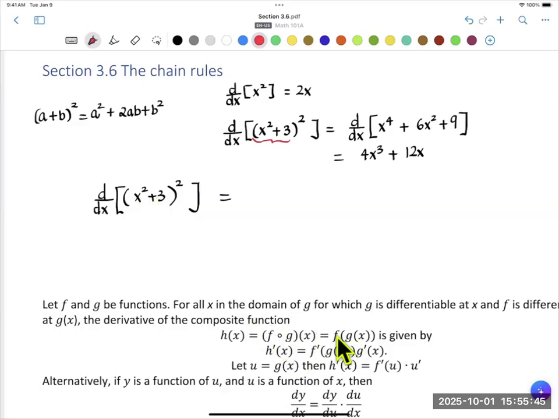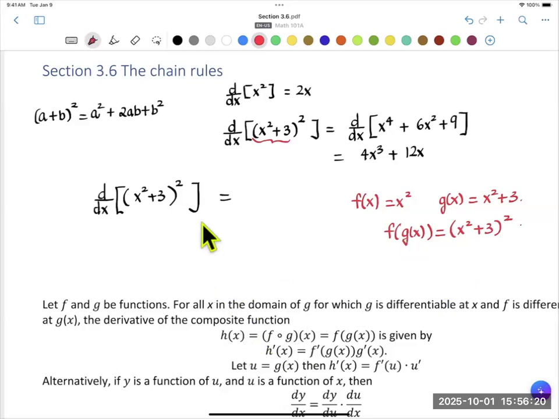So f of x is the outside function, x squared, and g of x is x squared plus 3. Then when I do f of g of x, I will have x squared plus 3 and the whole thing raised to the power 2. So this is the composite function.